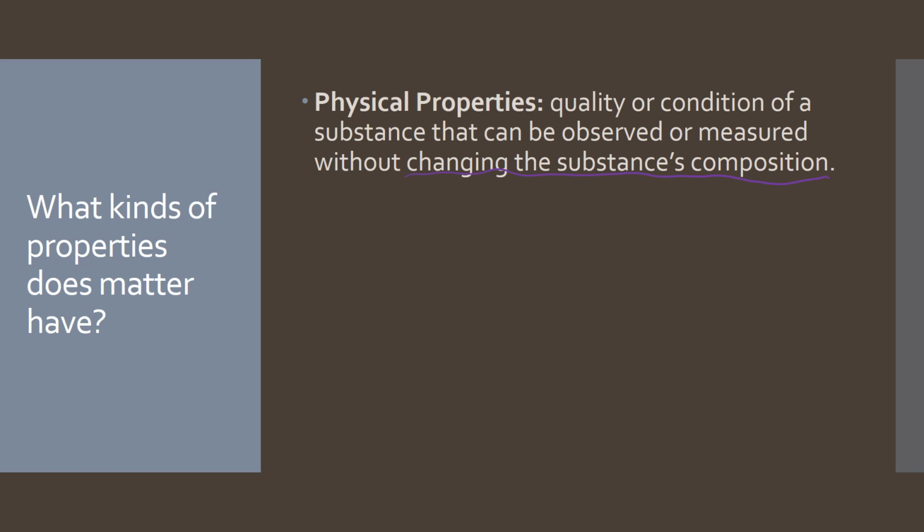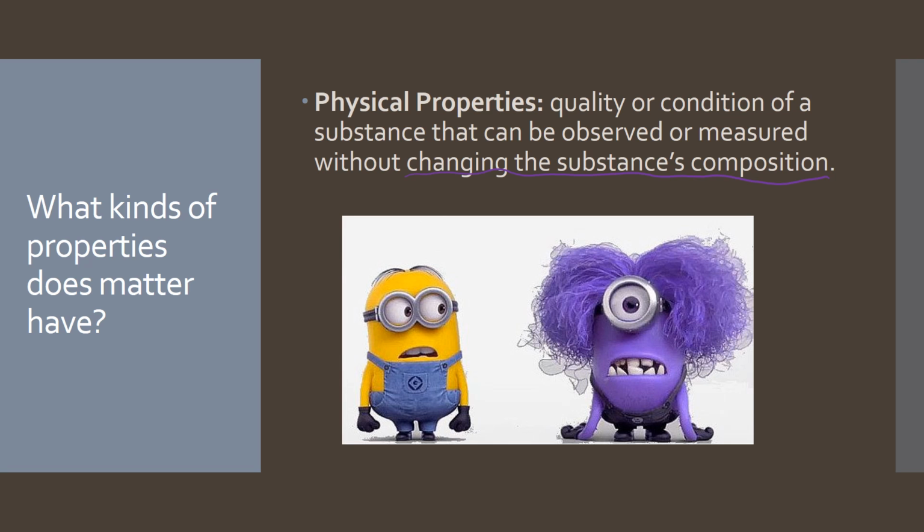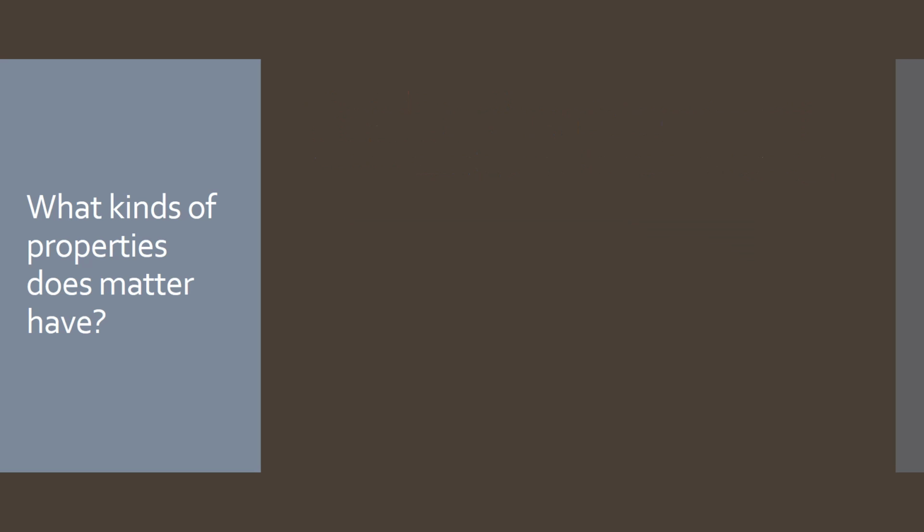We're not changing the identity, and we're not making something new with a physical property. An example of what would not be a physical property would be your minion. A minion that went from yellow to purple is not a physical property because it's changing its composition.